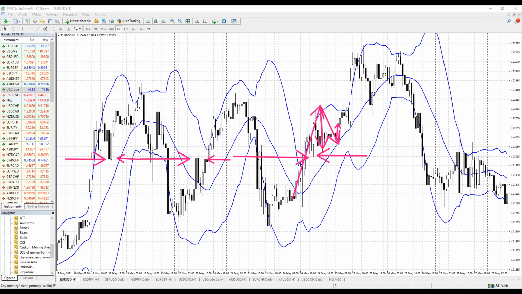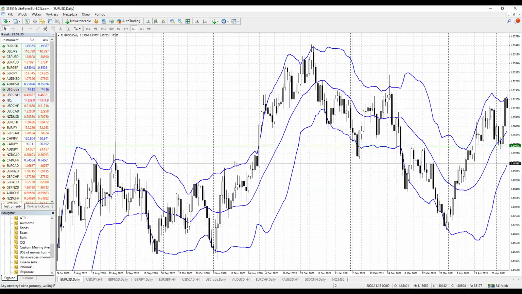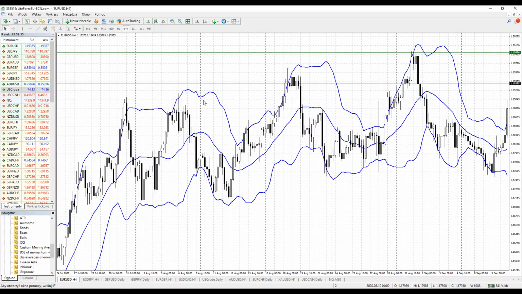Of course, I would prefer to see that on the daily and move lower to the intraday chart to make day trades, but that's just to show you that it's working both ways. On the other hand, when it comes to range trading, as I mentioned, I would like to see some kind of range. It could be within a big candle, right?